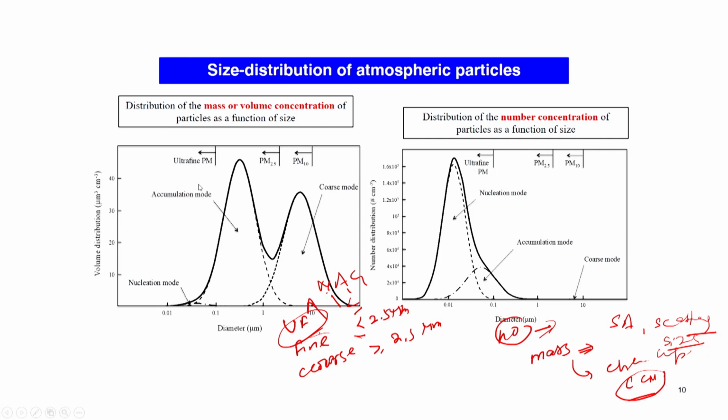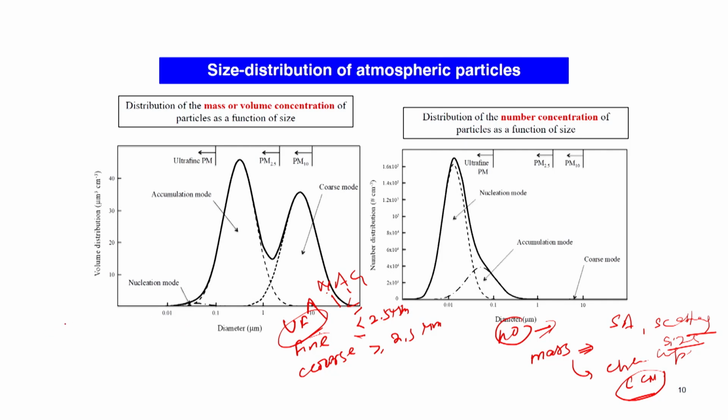If there had been a PM 1, then it would have been a trimodal distribution, but from the beginning it was a bimodal distribution, peaking somewhere around 1 to 2.5 micrometer, and the other around 8 to 10 micrometer. So they usually defined PM 2.5 and PM 10. Then later we classified it as PM 2.5 and PM 1. So you have to be careful here.